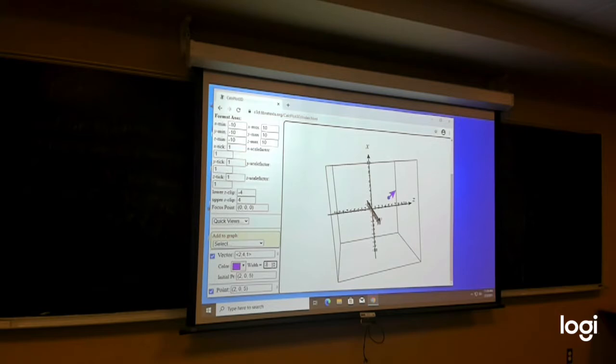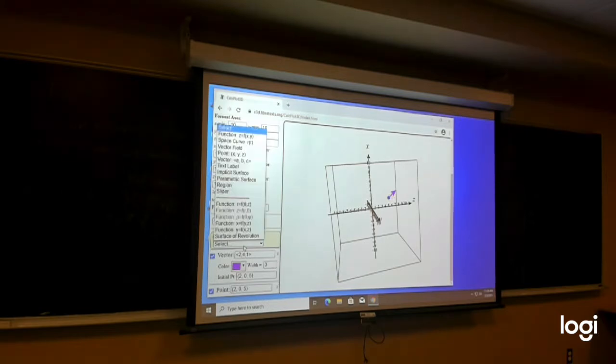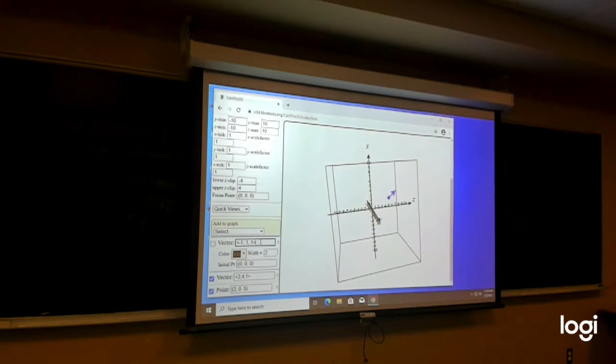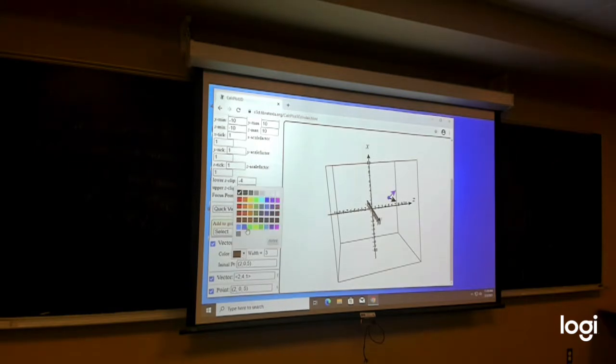Let's make it 3. And if we have a second vector that sticks out of that same point, negative 1, 0, 2, and make this one a dark green.